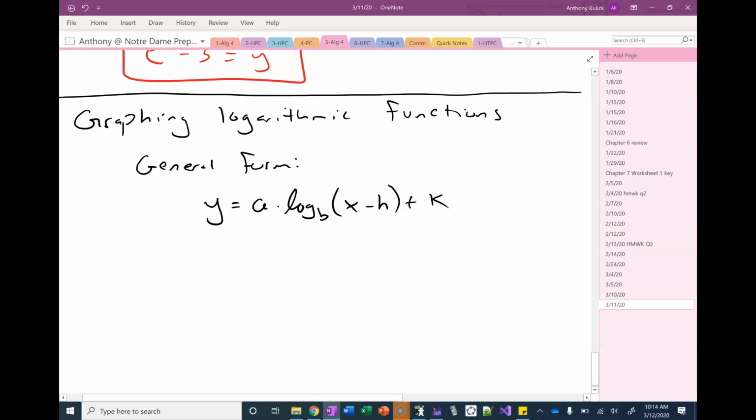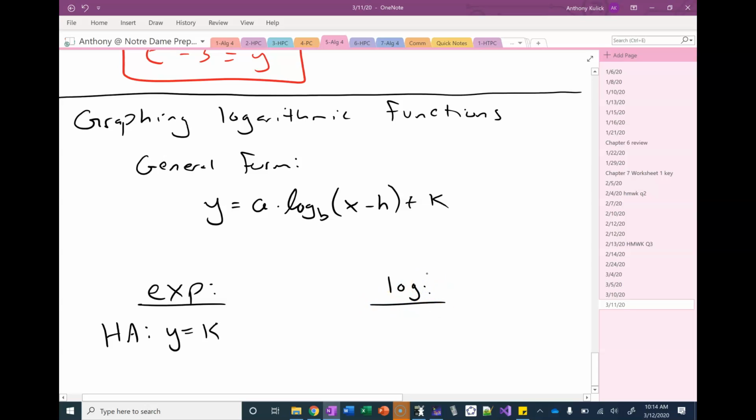It's actually 2 words, and one of them starts with an A. It's that line that you can't go past. Exactly right. It's called the horizontal asymptote. Does anybody remember how to find that? Okay. So the horizontal asymptote is y equals k.